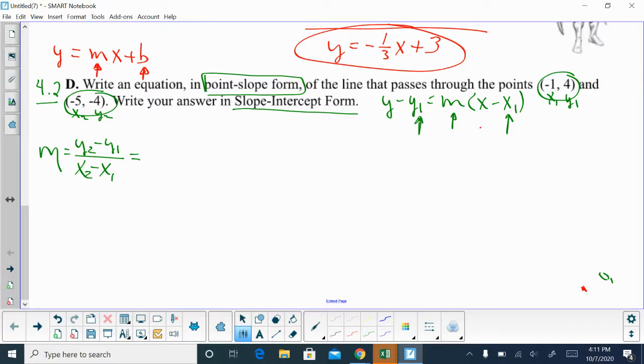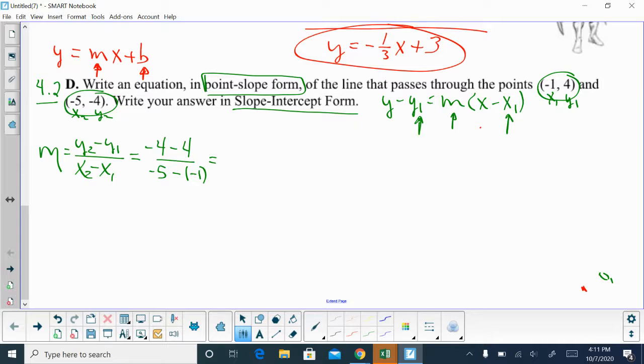All right, so y sub 2, negative 4, minus y sub 1, 4. x sub 2, a negative 5, minus x sub 1, a negative 1. Now we need to simplify.